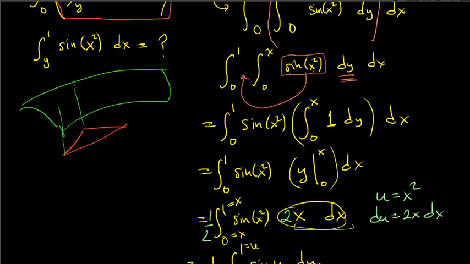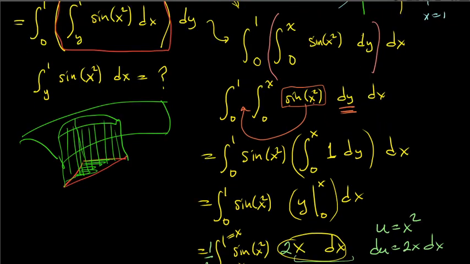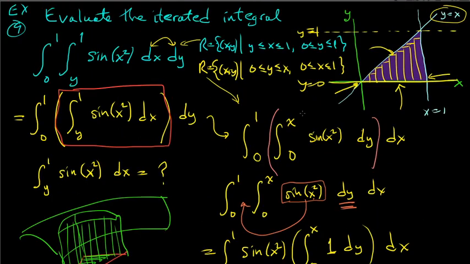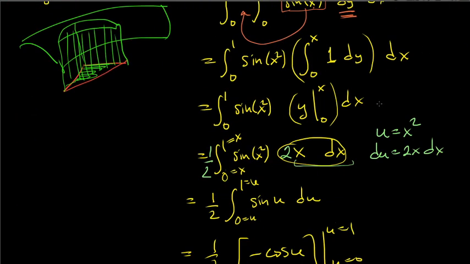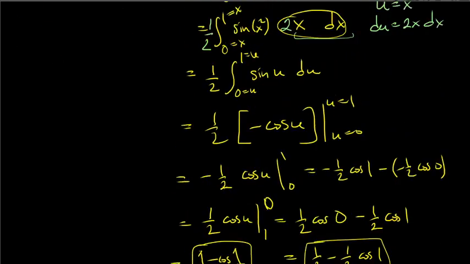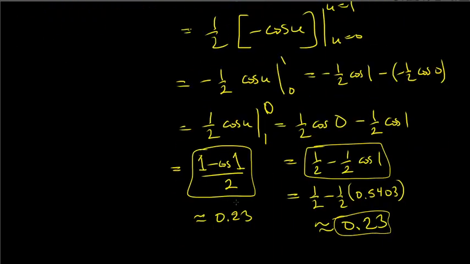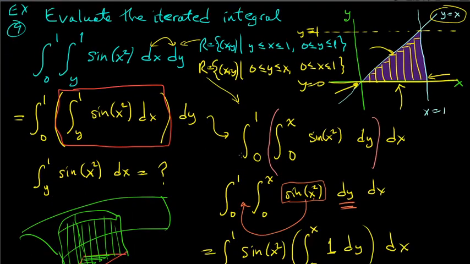But above this triangle is some curved surface. And we're getting the volume underneath that surface, but above the triangle. Sorry, I keep calling it a rectangle. It's a triangle, right? Okay. So that's what this number is. It's the volume of that region. And so it's a small number, it's a small volume.